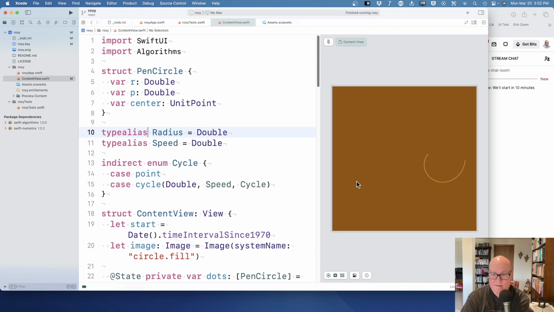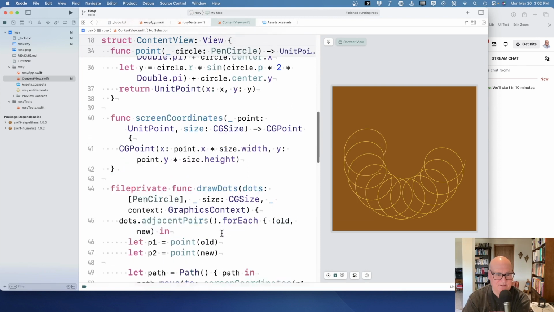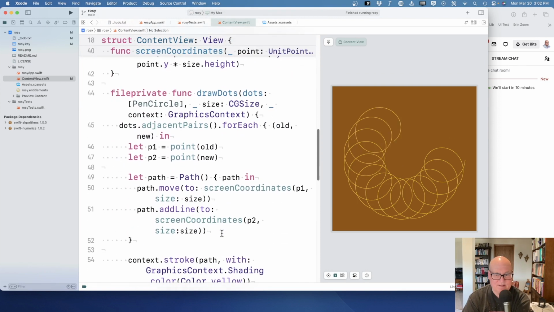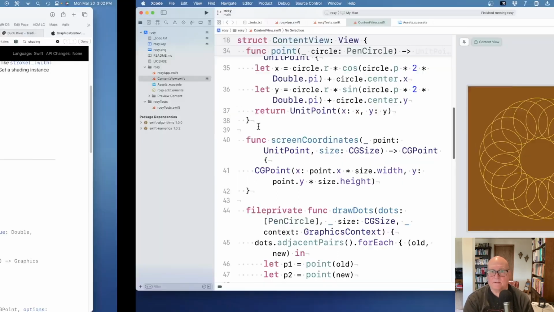Okay, let's see. I should take a snapshot of that and post that. Is 20 a good one? That's good enough. All right. Okay, and let's post that.